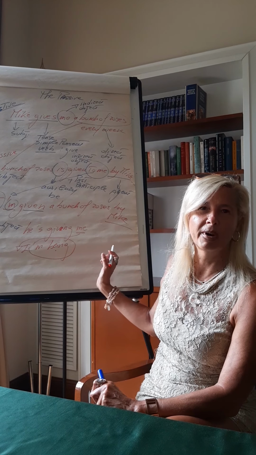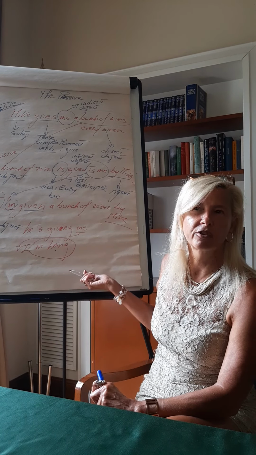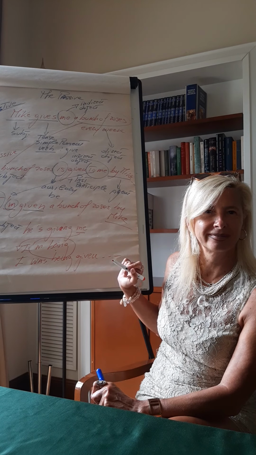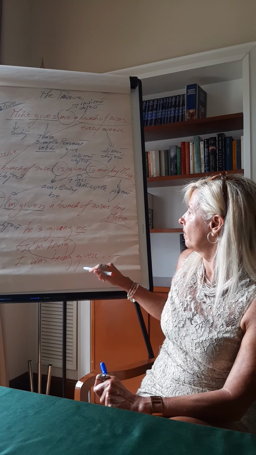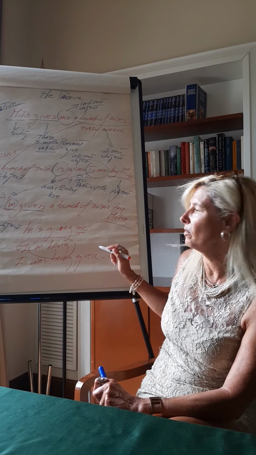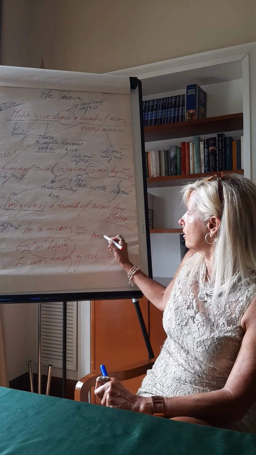Okay. Past continuous. He was giving me a bunch of flowers. I was being given a bunch of flowers. Okay. If we have a present perfect, he has given me. Has given me.